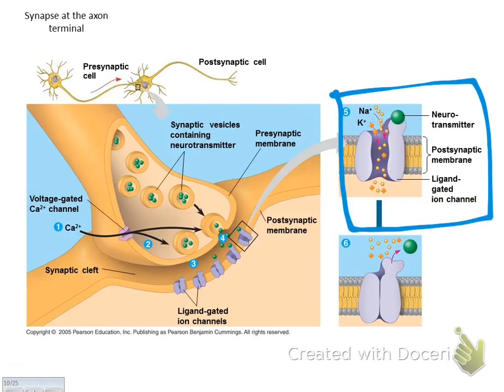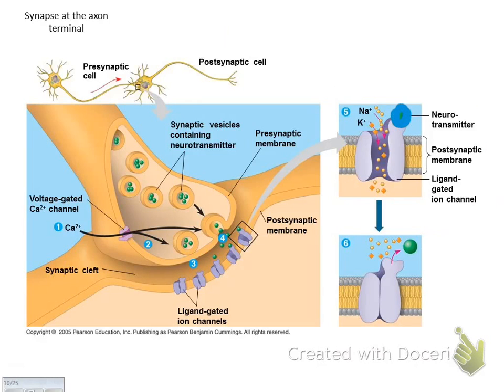Acetylcholine, or the neurotransmitter, binds to the receptor protein on the postsynaptic terminal. So the postsynaptic neuron. Let me say it again. The acetylcholine, right here, this blue dot, binds to the receptor protein, and this is on the postsynaptic neuron.